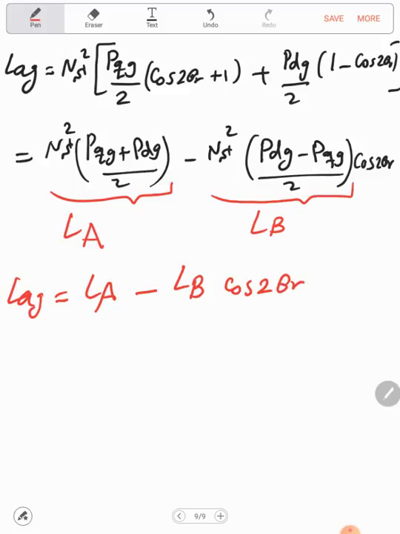Now, if we compare here LA with LB, we can note that LA is greater than LB, and this is for a salient machine when LD is not equal to LQ.